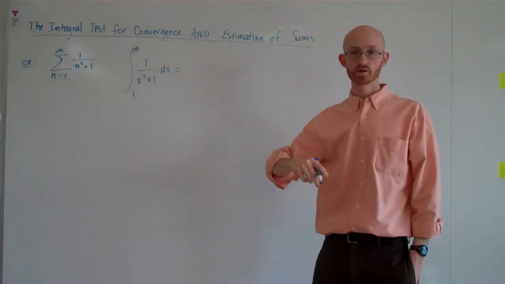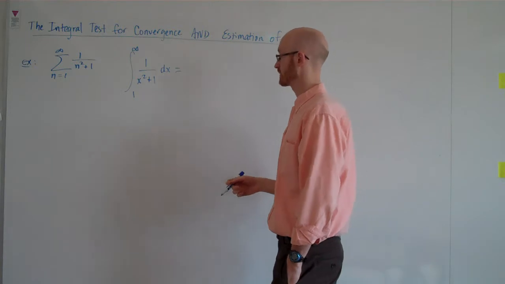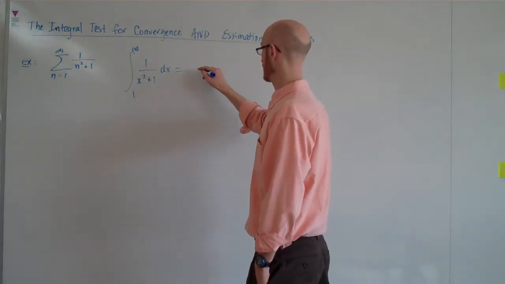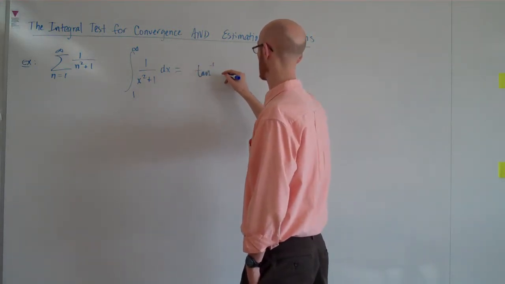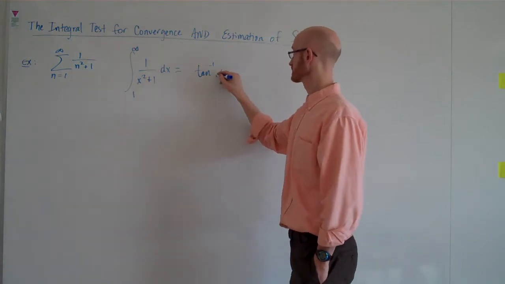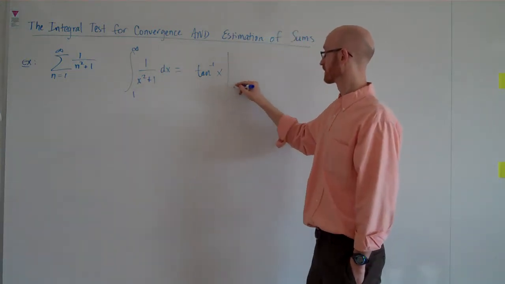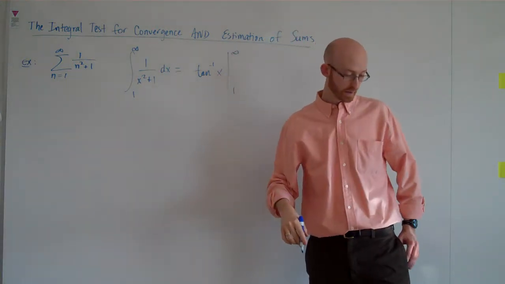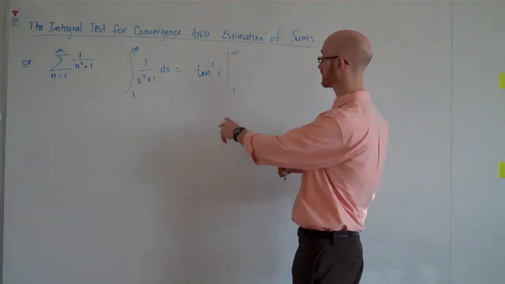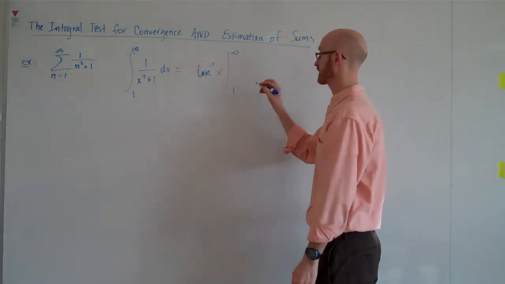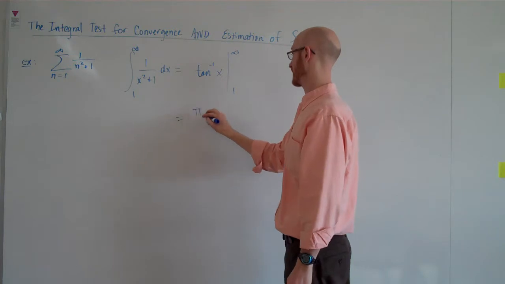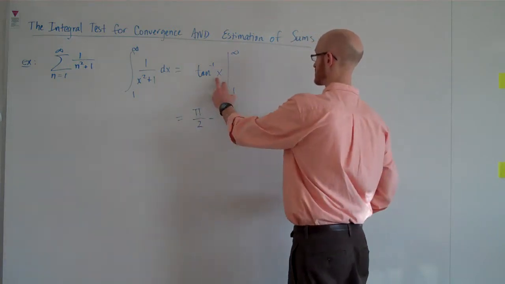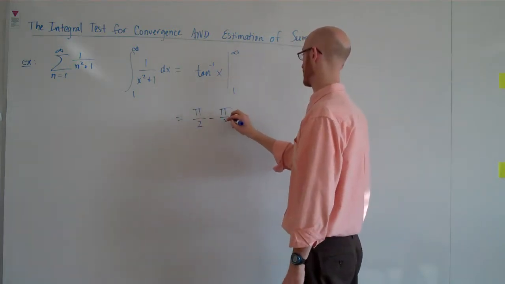So what we're going to do is take the integral, 1 over x squared plus 1, from 1 to infinity, dx. And maybe look at your formula packet or table of integrals or whatever, and you'll find that that's the integral of tan inverse. And when you take the inverse tangent of an infinite number, you end up with pi over 2. Tangent inverse of 1 is pi over 4.